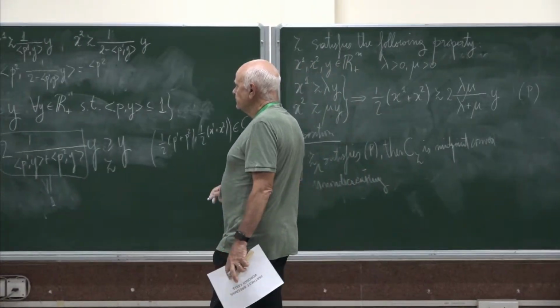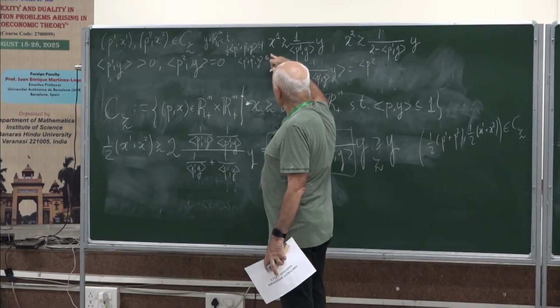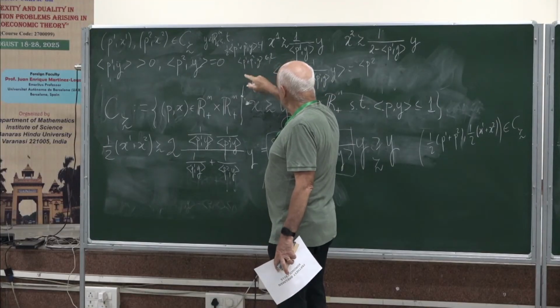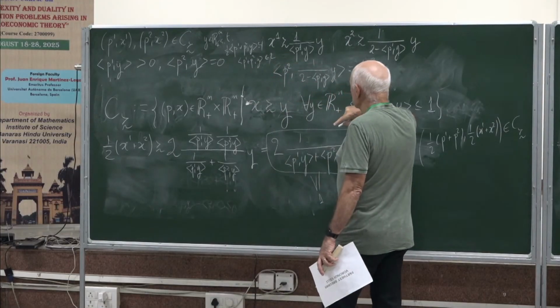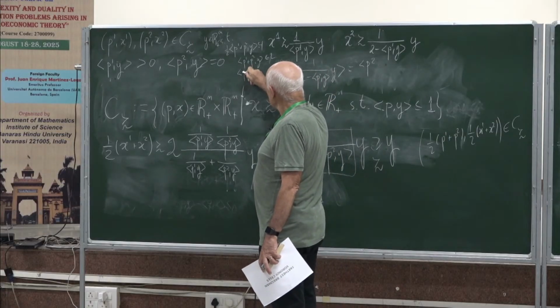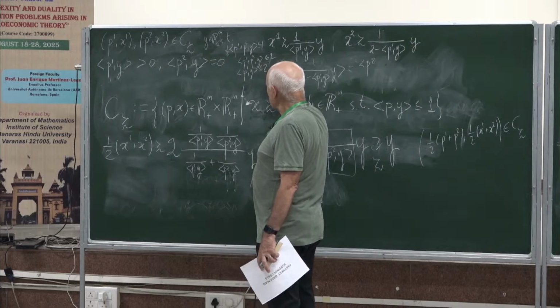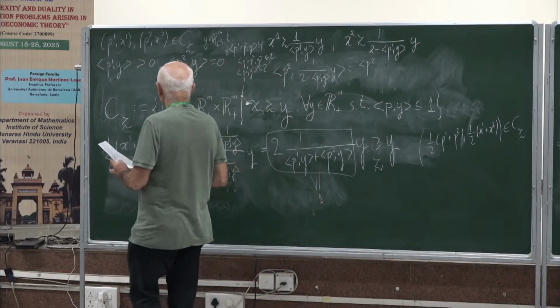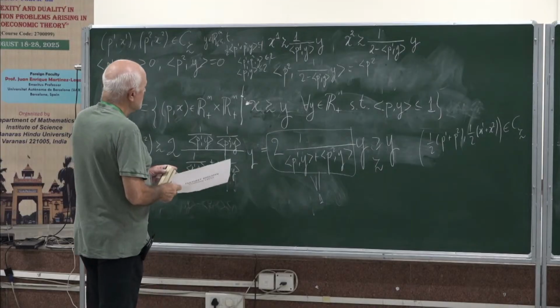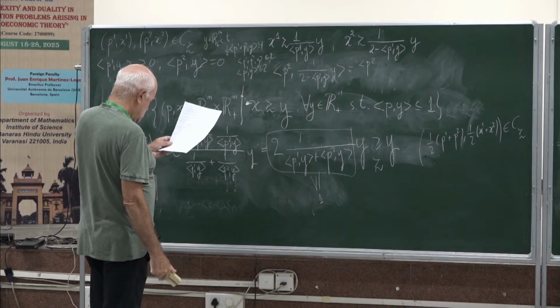Then, if P2y is 0, sorry, and this is 2, if P2y is 0, this simply means that P1y is less than or equal to 2. It can be seen to be strictly less than 2.